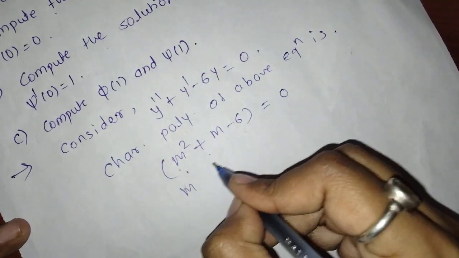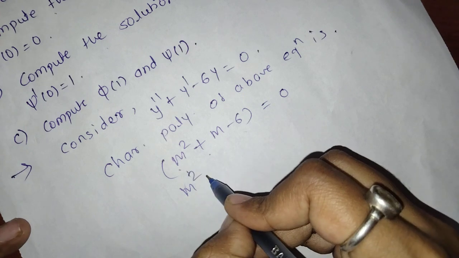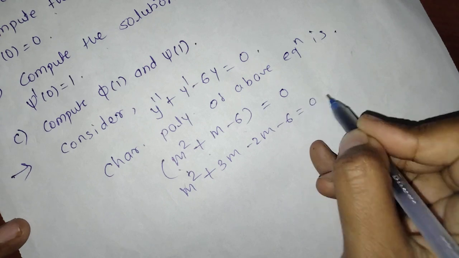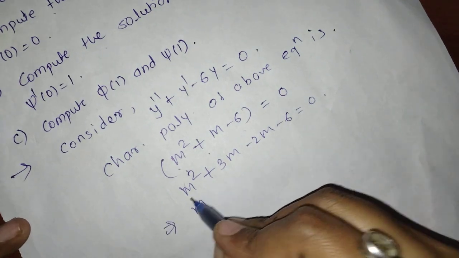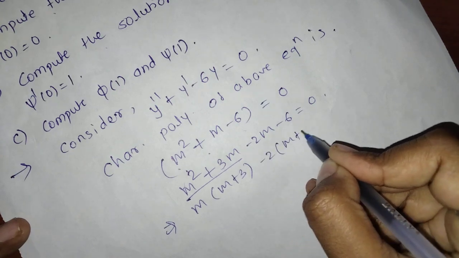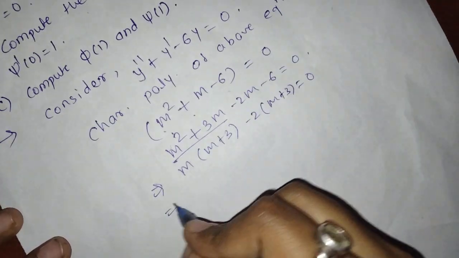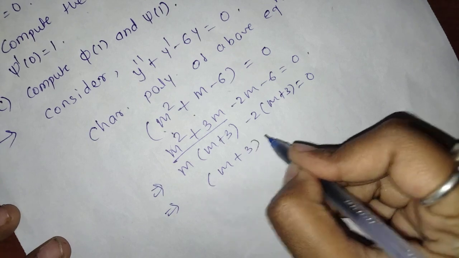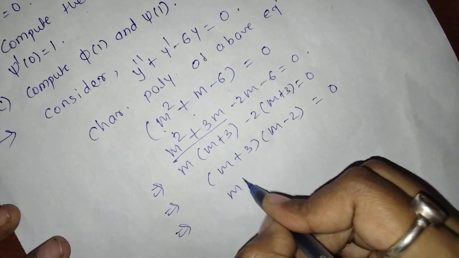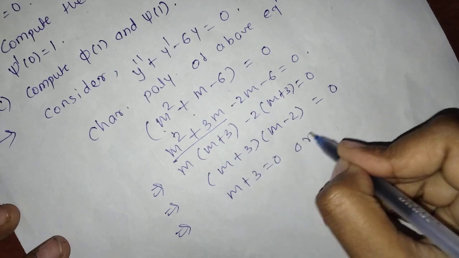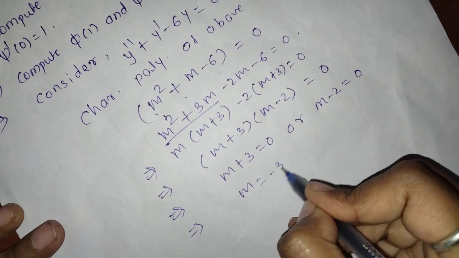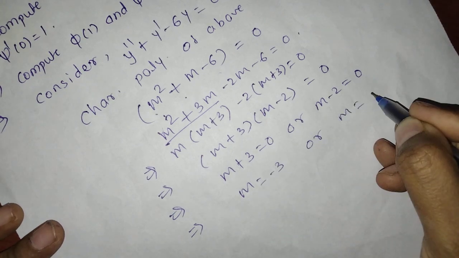equation: m^2 + 3m - 2m - 6 = 0, which implies take m common, m(m + 3), take minus 2 common, -2(m + 3) = 0, which implies (m + 3)(m - 2) = 0, implies m + 3 = 0 or m - 2 = 0, implies m = -3 or m = +2.